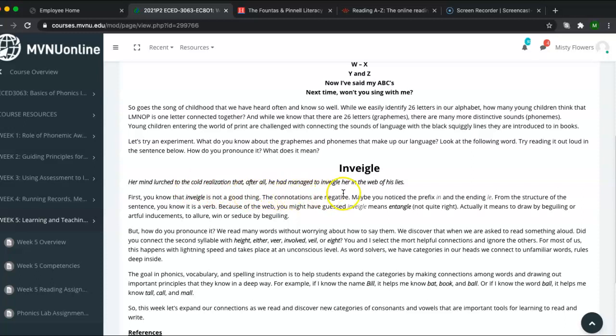Because of the web, you might have guessed inveigle means entangle. Almost, but not quite right. Actually, it means to draw by beguiling or artful inducements, to allure, win or seduce by beguiling.